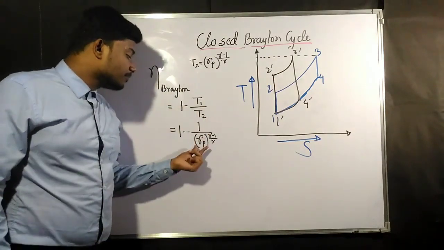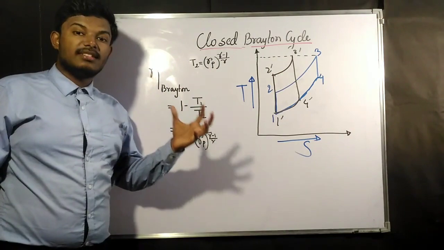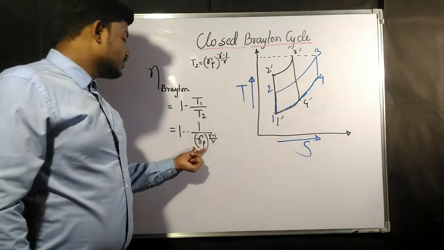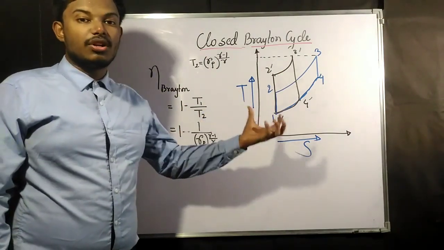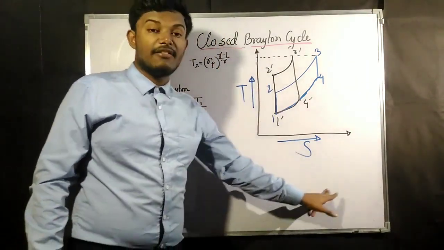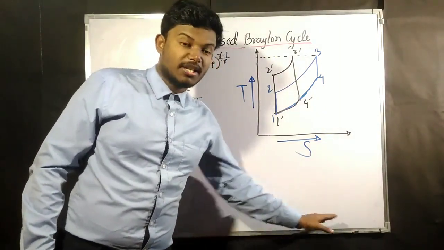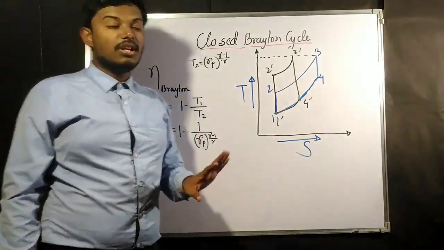It is completely depending upon the pressure ratio. If we increase the pressure ratio, the efficiency is going to increase. Likewise, we have drawn a graph in which we showed how, with the increase of pressure ratio, the efficiency used to increase.